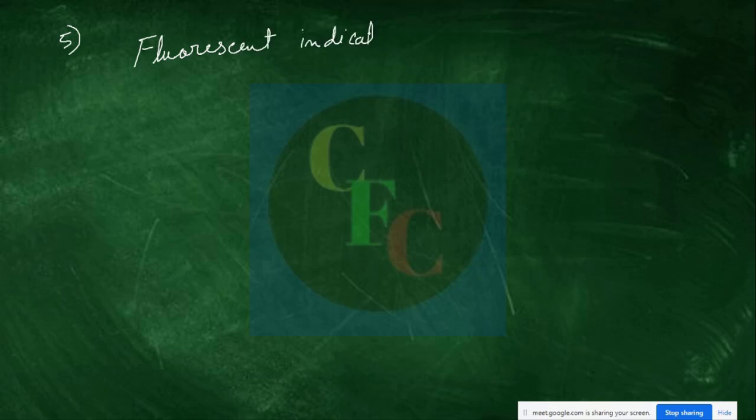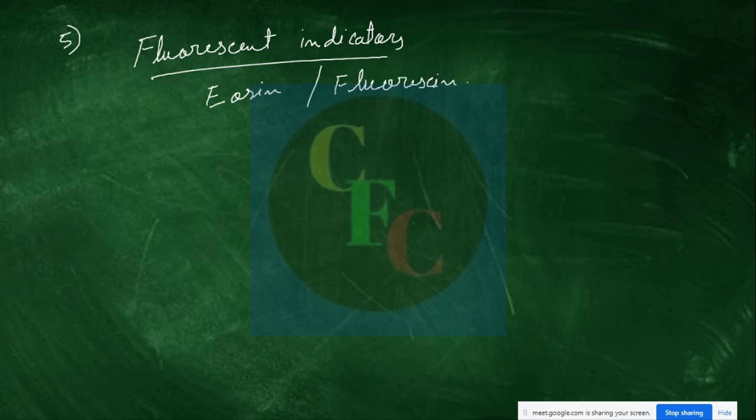Okay. Now fluorescent indicators are there. I think you remember the picture of the last lecture, where there are several fluorescent dyes. Most of those dyes can act as fluorescent indicators, for example eosin.